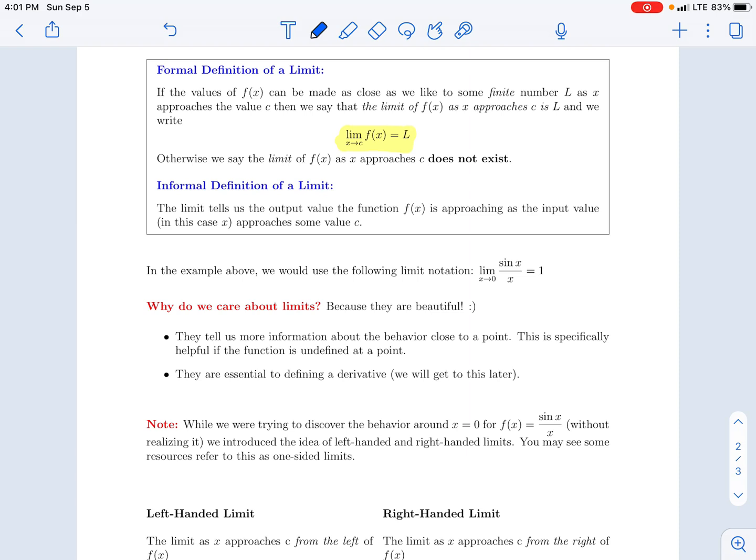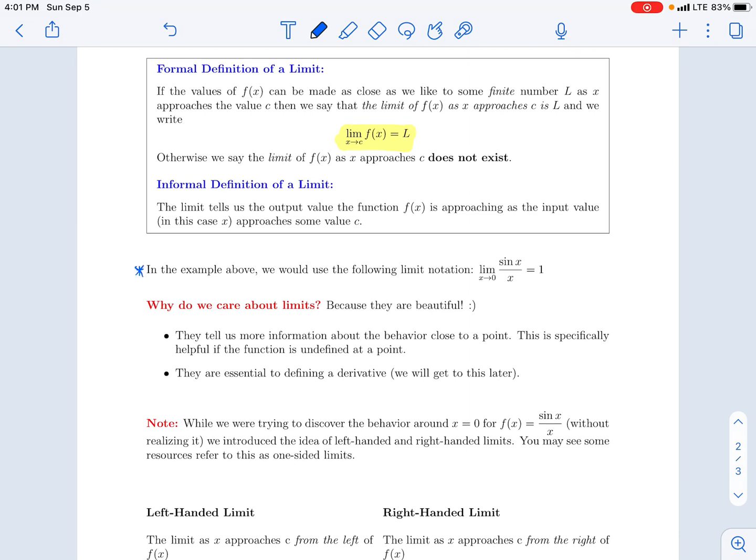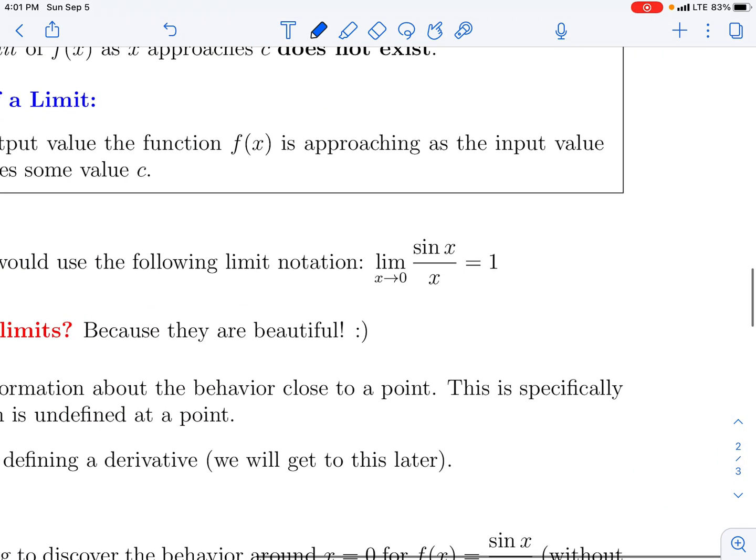In the example above, we would use the following limit notation. We would say that the limit as x approaches 0 of sine of x over x is equal to 1.